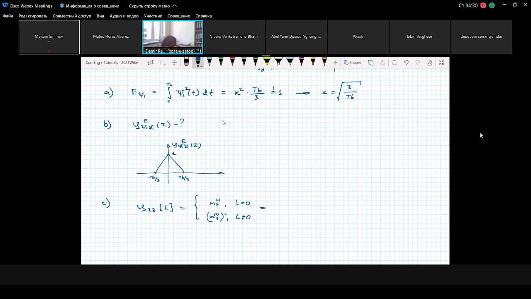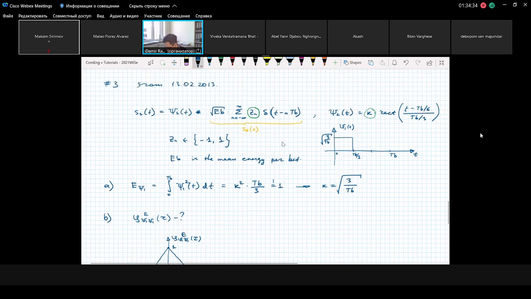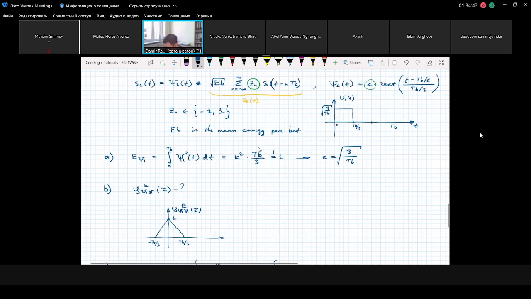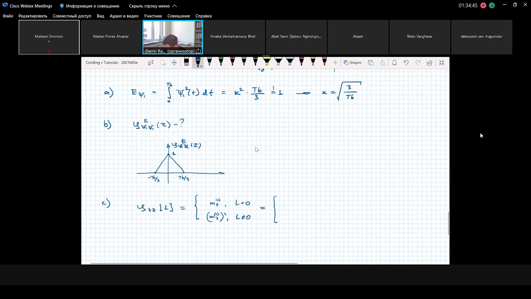And as a result, as far as our sequence contains only values -1 and 1, if we calculate the square value, it will be a sequence of ones, and as a result, the second moment will be equal to 1 when L equals 0.